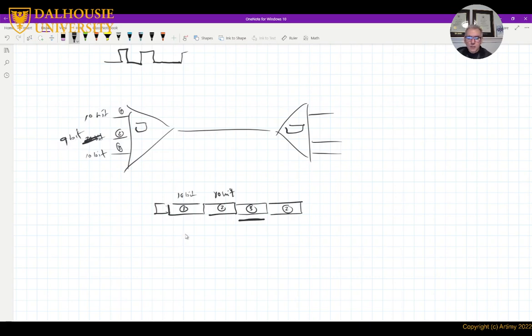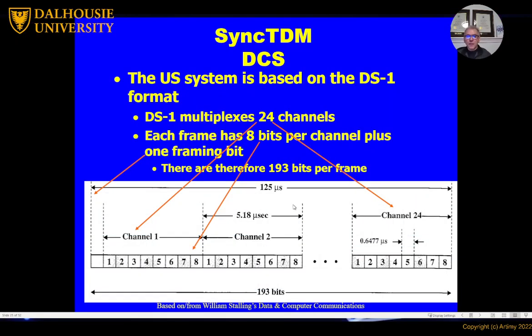So what we can do is allocate one channel to the first station, another channel to the second, and third channel to the third. And then we use pulse stuffing to make sure that we have exactly 10 bits go here instead of 9, right? So we add fake data. And of course the demultiplexer has to take that out, right? So we have to coordinate this between the two.